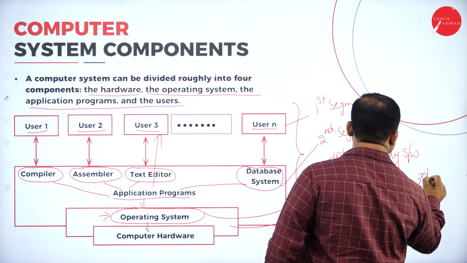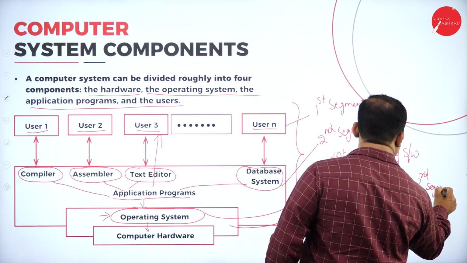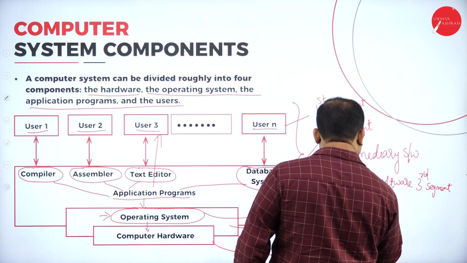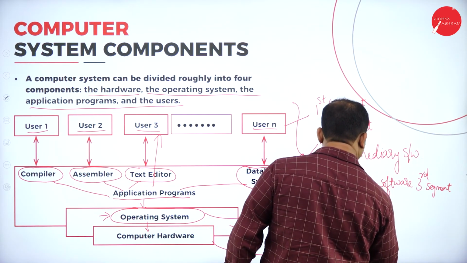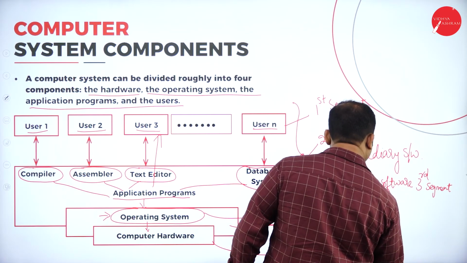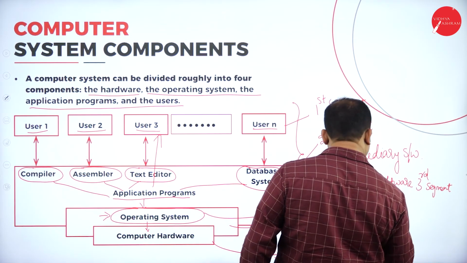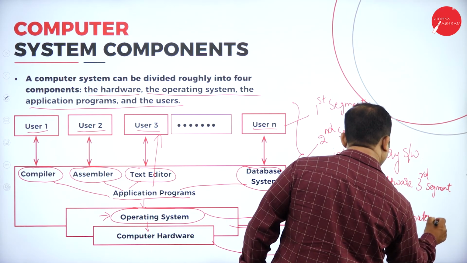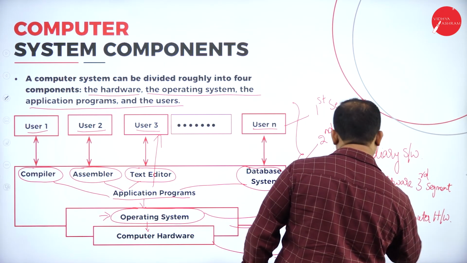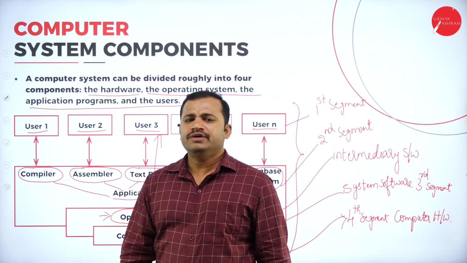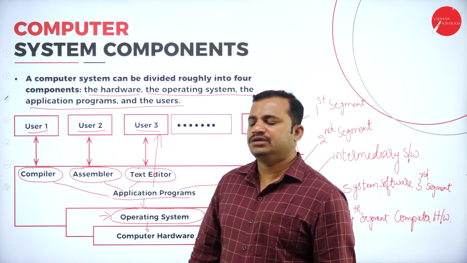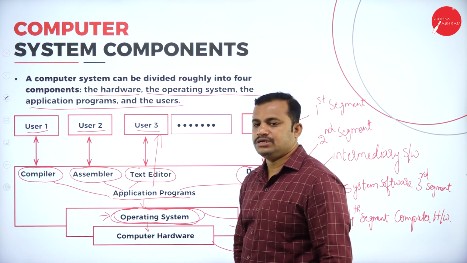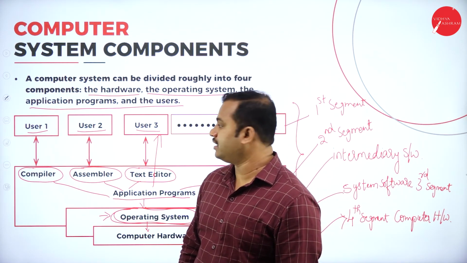In the final segment, you will see the hardware devices, that is the fourth level, where you are going to see the computer hardware. So with this, we are going to learn the system software and operating system. That is, the operating system is going to be taught in detail.